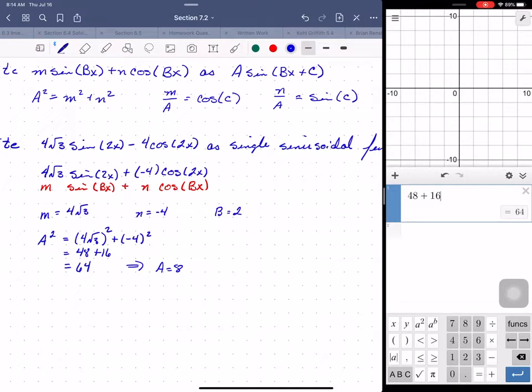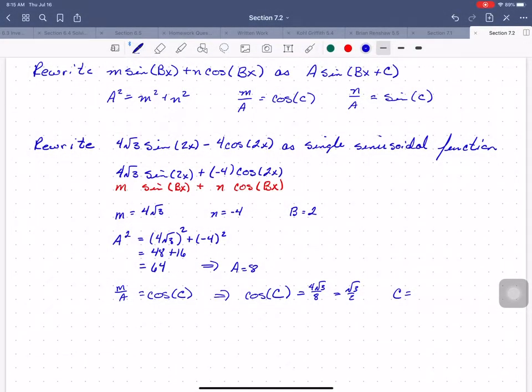Okay, how do I find c? Well, I know that m over a equals cosine of c, which means that the cosine of my angle c is equal to 4 square root 3 over 8, which is square root 3 over 2. Now, you may immediately think, oh, well, that means c equals, what?